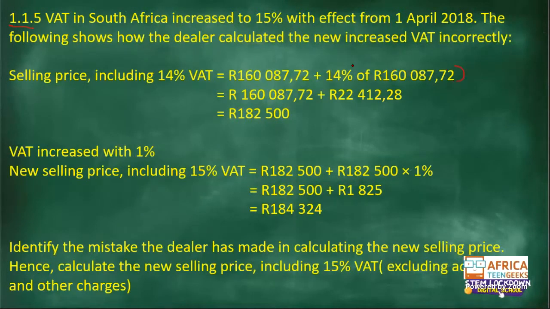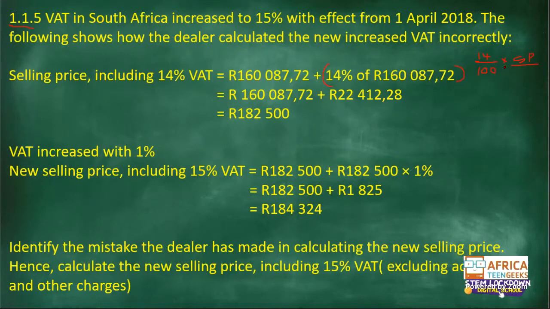To calculate the 14% of this selling price, you would say 14 over 100 multiplied by the selling price. You remember your calculations of percentages. So whenever you get 14% of something, or a percentage of something, the "of" means you need to multiply.